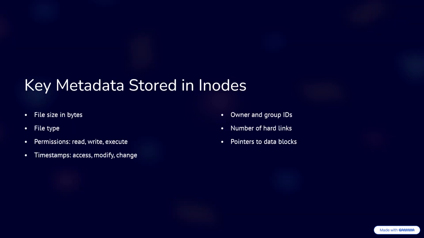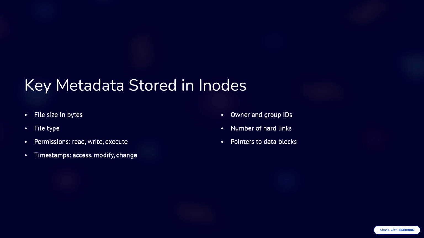Next, key metadata stored in inodes. File size in an inode is shown in bytes. Type of file: regular file, directory, link, etc. Permissions: read, write, execute. These are the permission arguments.